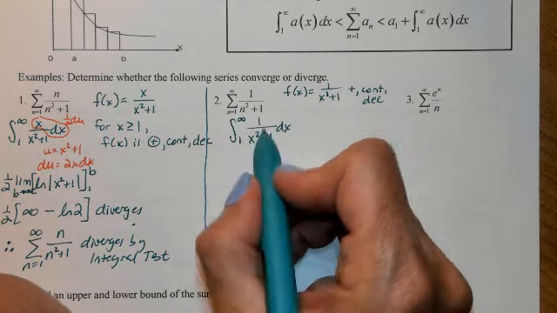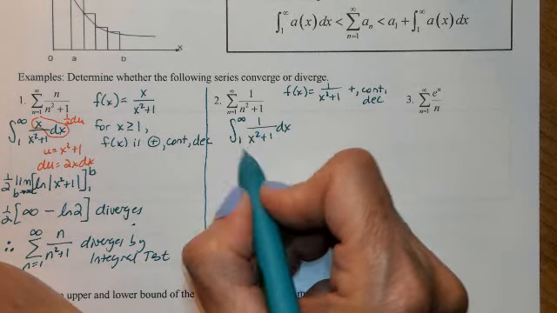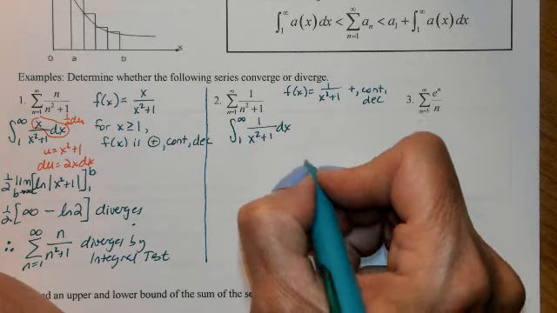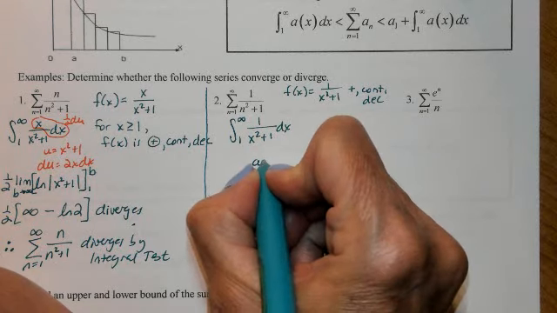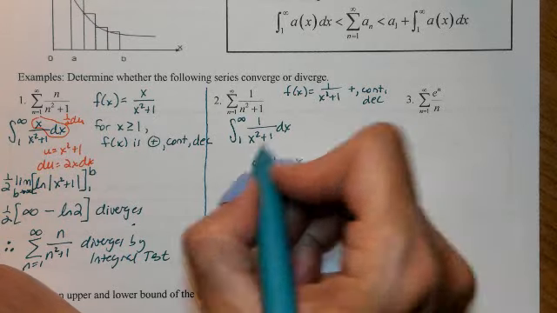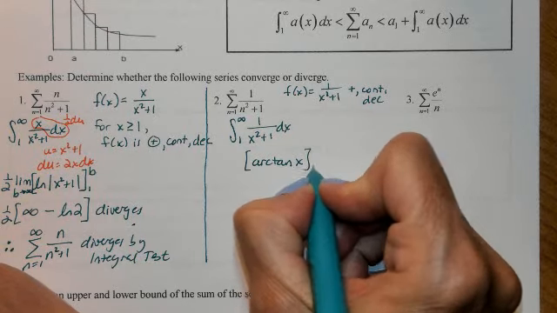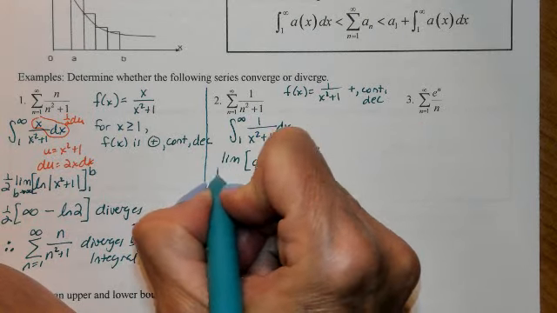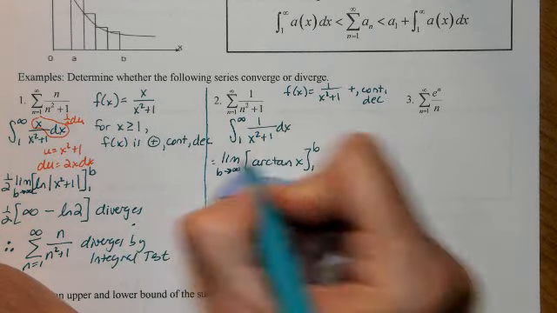Now we need to take the antiderivative. The antiderivative of 1 over x squared plus 1 is arctan, so that is arctan of x. That's the most basic arctan. And we want to take that from 1 to infinity. I cannot put infinity, I have to put a b. So the limit as b goes to infinity of that.